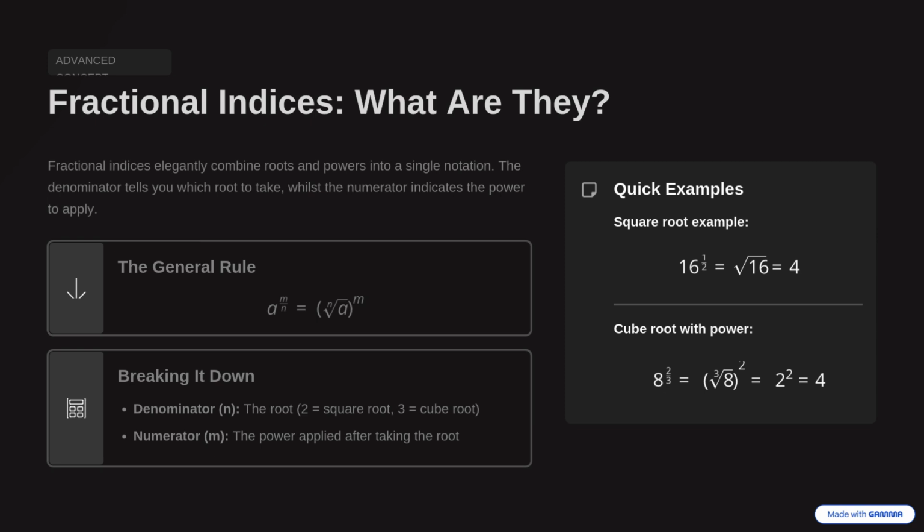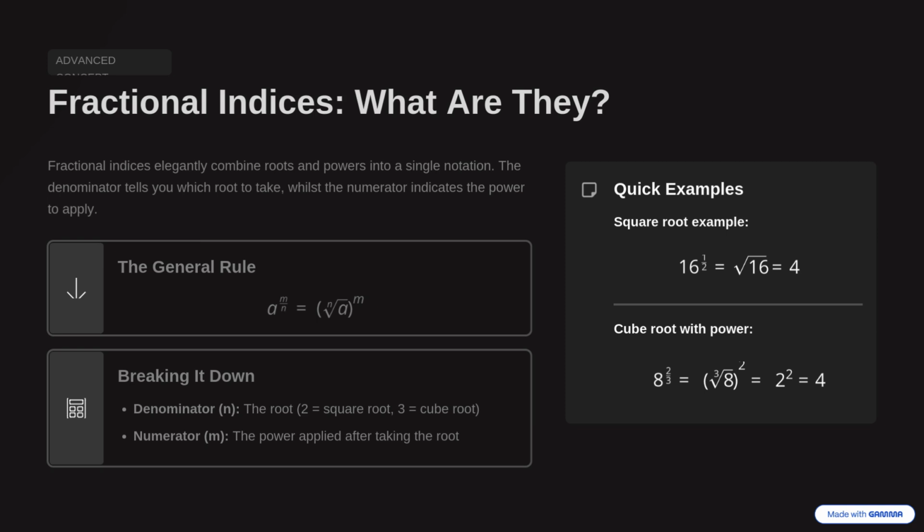Similarly, for the next one, we have a fraction of 2/3. Now the 2 is telling us to square it. The 3 in the denominator is telling us to root it, but we do cube root, the 3 root. And always remember the top tip here is to do the root first and then do the power, whatever the power is.